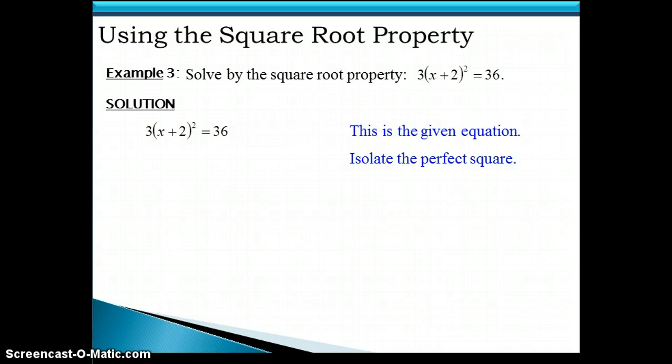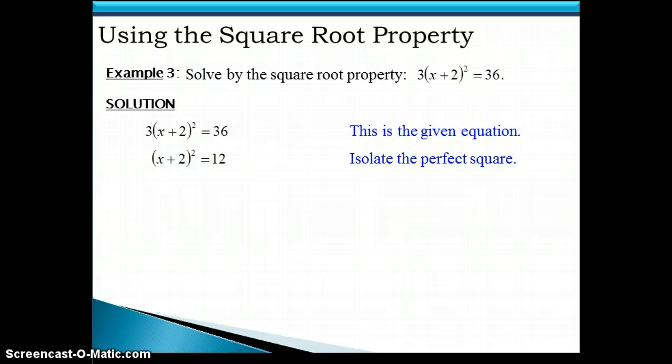In this example it would be the binomial x plus 2 squared. We can isolate that perfect square by dividing both sides by 3, and 36 divided by 3 is 12. So now we have the perfect square involving x isolated, and we have just a plain number on the other side.